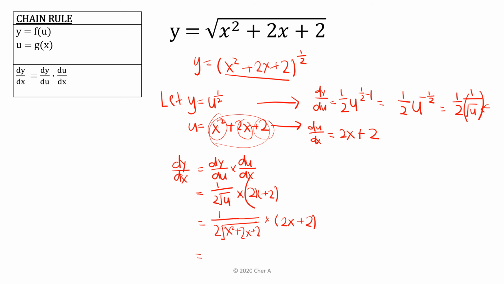I'll put them together, factorize 2 out because I can cancel it out later. So I cancel these 2. My final answer will be x plus 1 over the square root of x squared plus 2x plus 2.